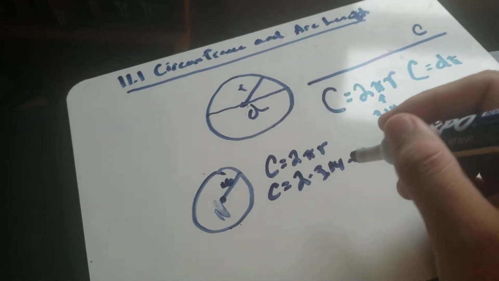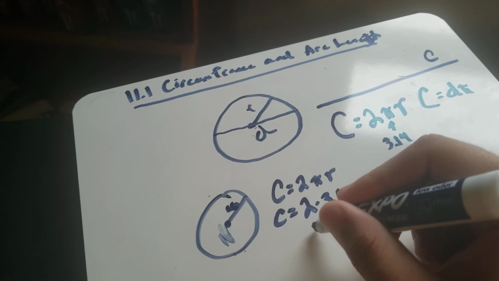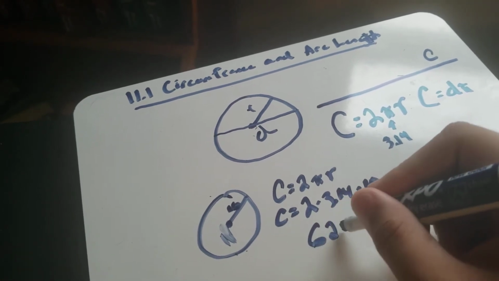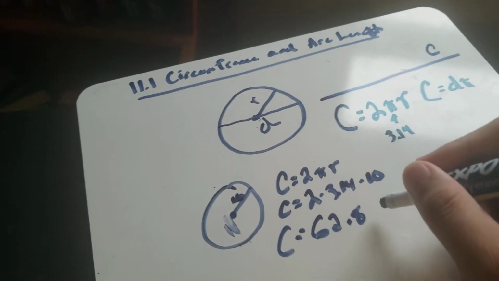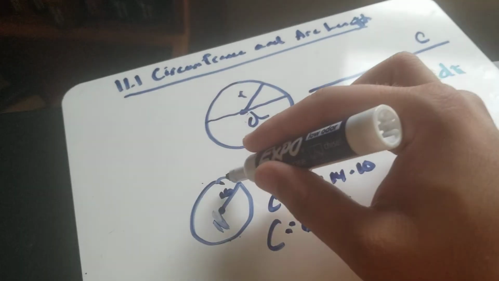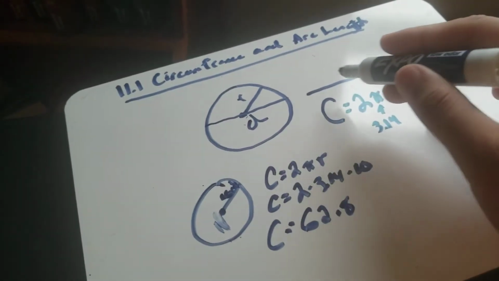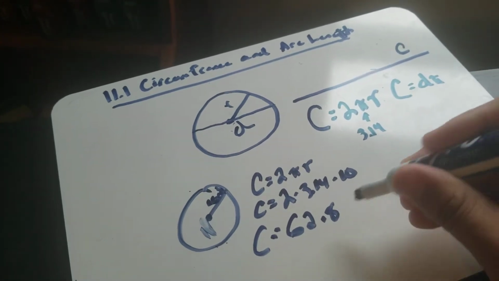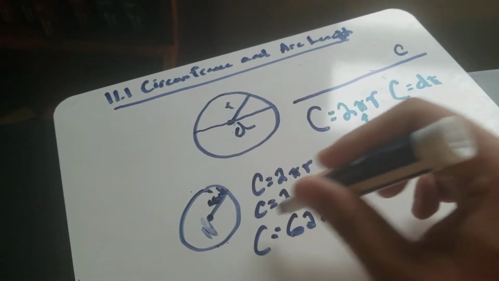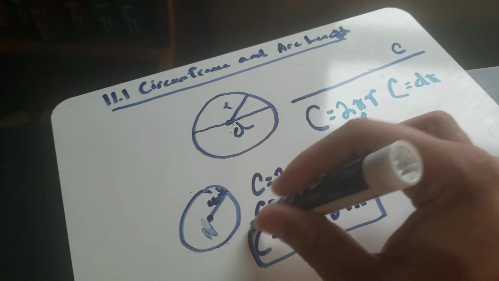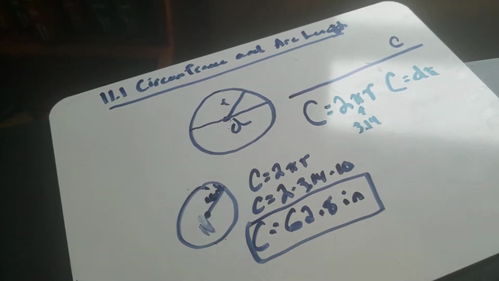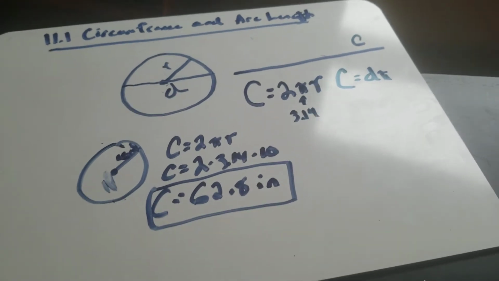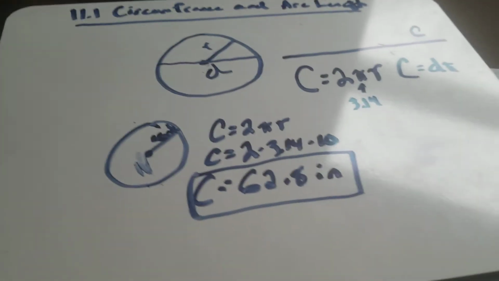You do the math there, that should be 62.8. So the circumference is 62.8. Let's say it was 10 inches. Since this is a one-dimensional length, it would be 62.8 inches, okay? No special units. So if it was feet, it would be feet. So circumference is 62.8 inches.